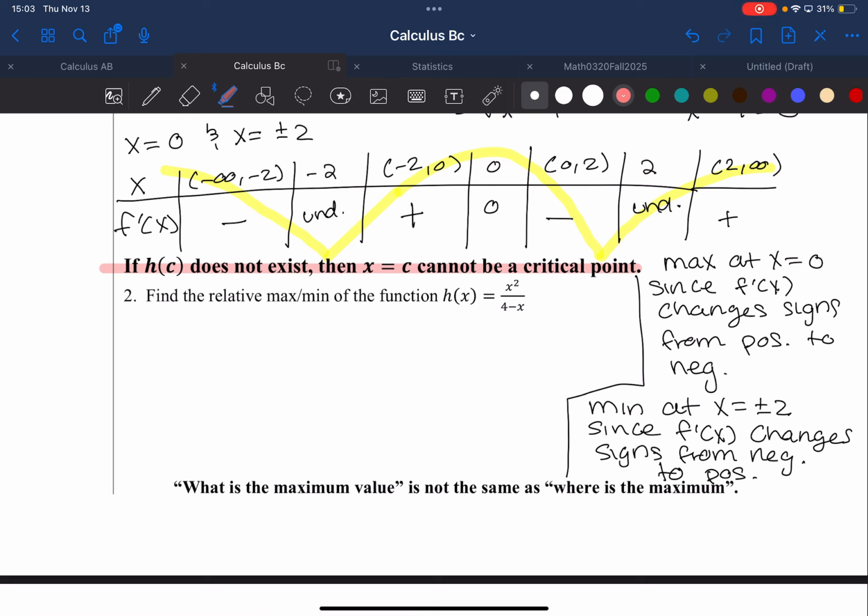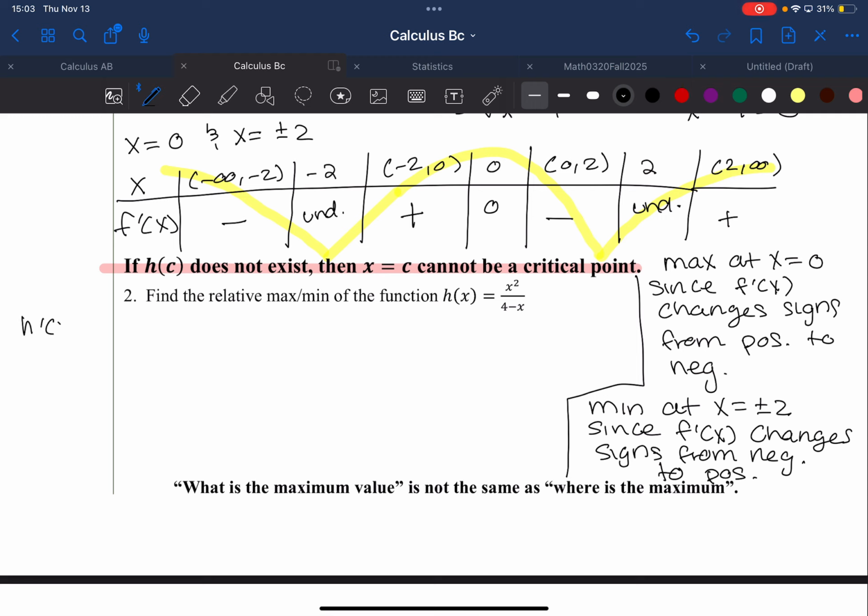Okay, number 2 says if h of c does not exist, then x equals c cannot be a critical point. So we're going to prove that in this example. It says find the relative max and min of the following function, which means we're going to use the first derivative test, which means we're going to take the first derivative.